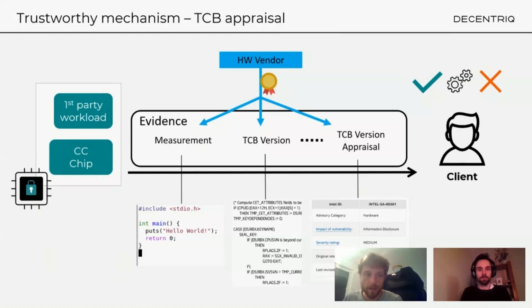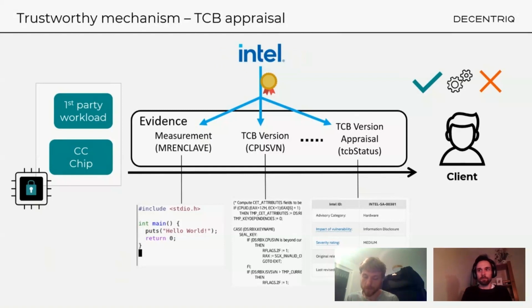So how does this look for actual technologies? With Intel, well, Intel SGX specifically, we haven't looked at TDX yet. With SGX, we basically had the full package from the get-go.